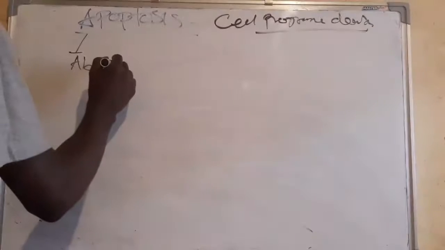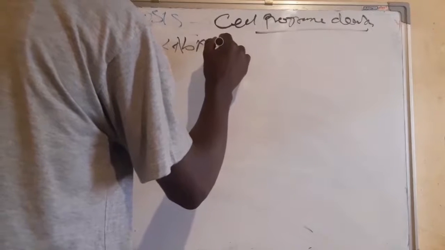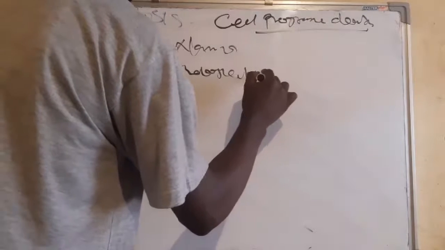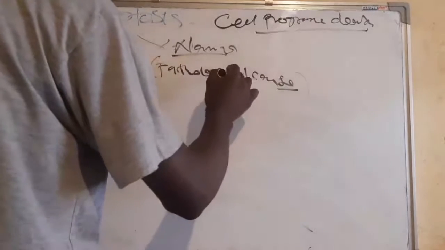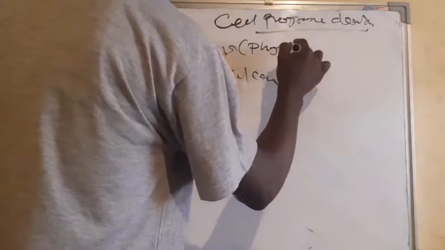When we talk about abnormal, we are talking about the pathological cause. When we talk about the normal, we are talking about the physiological cause.